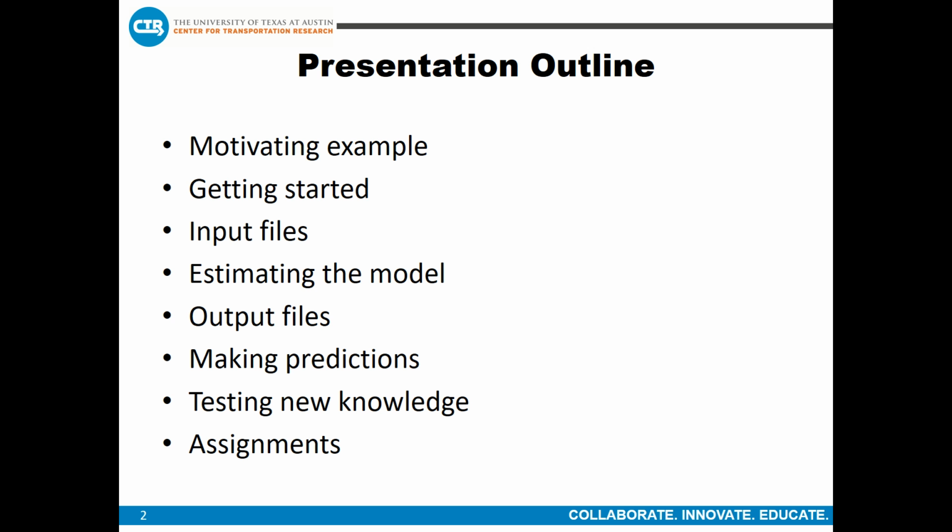We'll learn how to actually estimate a model using Biogeme. Then we'll learn how to look at its output files. And we'll also learn how to make predictions using the estimates given to us by Biogeme. Then I'm going to give you a few small tests to play around and see if you can use the software on your own. And then finally, I'll just mention the assignments in passing at the end.